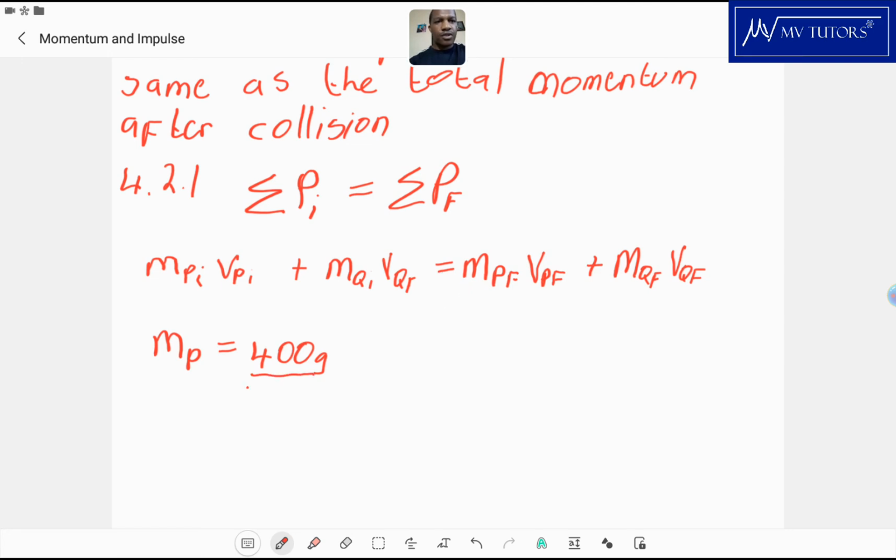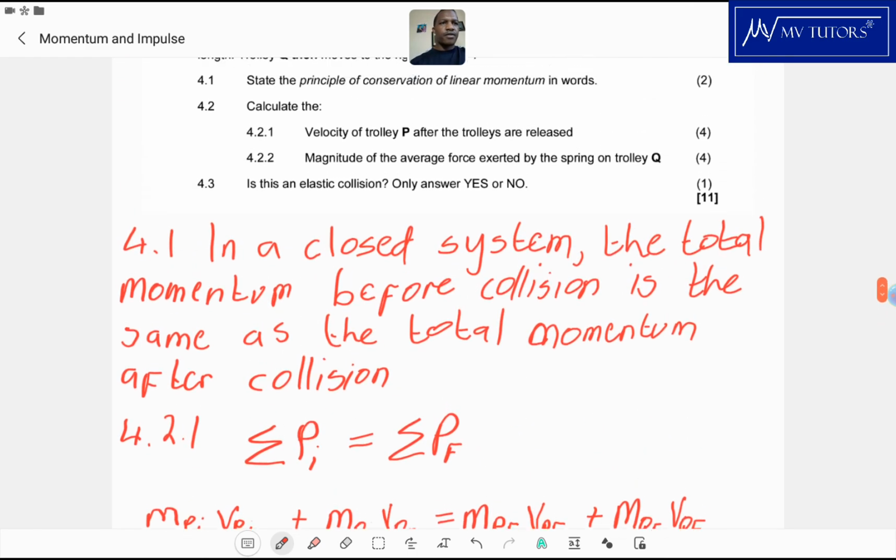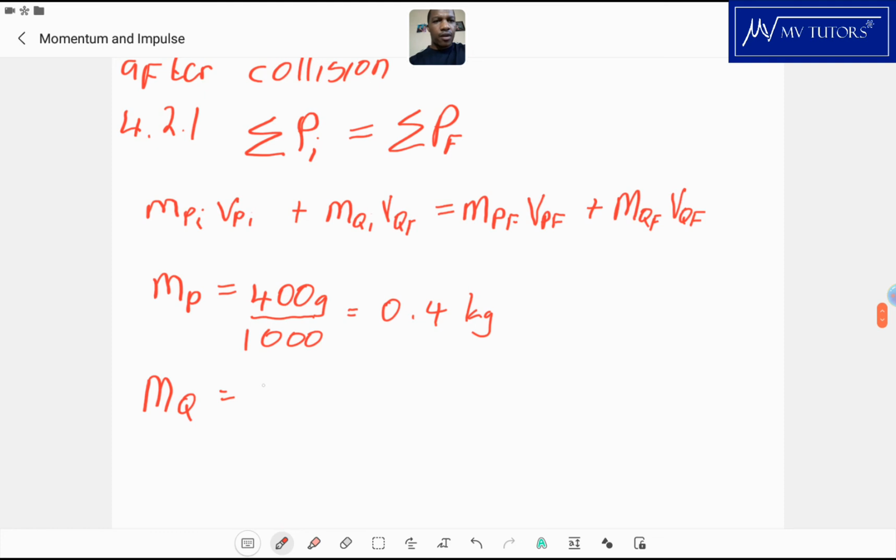We divide by 1,000 and get 0.4 kilograms. And the mass of Q, what was the mass of Q? It's 600 grams. Likewise, we take 600 and divide it by 1,000.